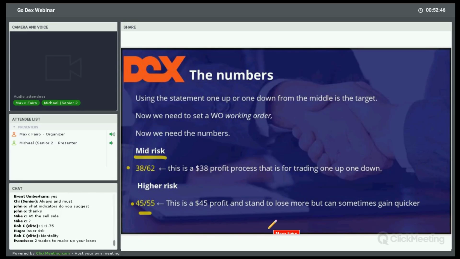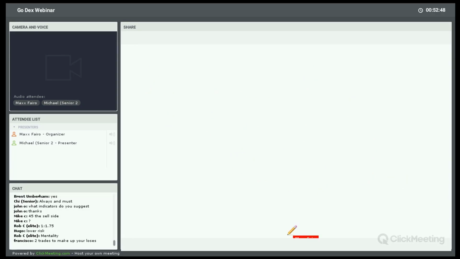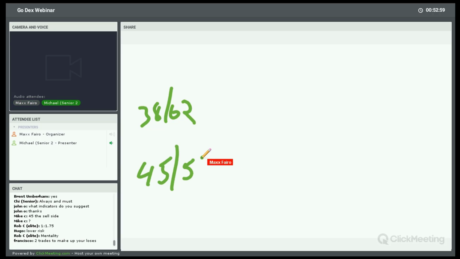Now, sometimes your curve, okay, the curve of making the trade happen, maybe this is the 38.62 here, and you got the 45.55 here, okay? And this kind of has a steady incline of trades, right? And on the profit margins, you got to keep a pretty high success rate.